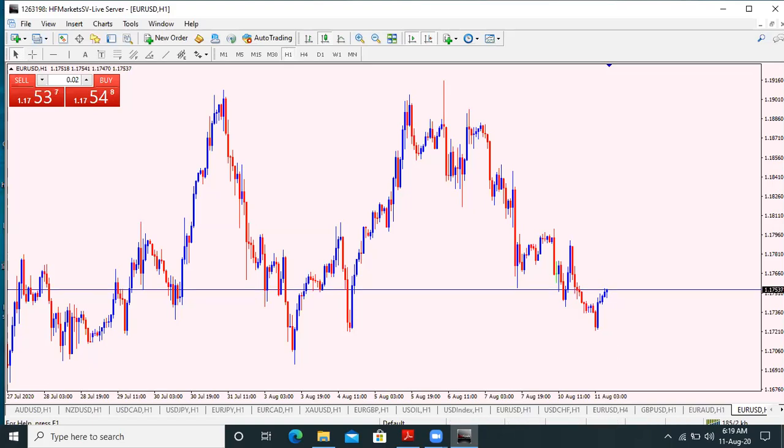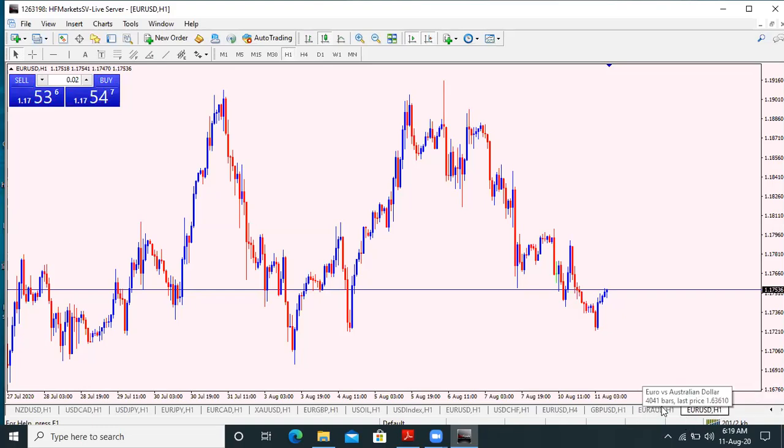In the pair, for example, this one is Euro versus USD. The first one is always the base currency, and the second one is the quoted currency. The Euro is the base, and the USD is the quote.